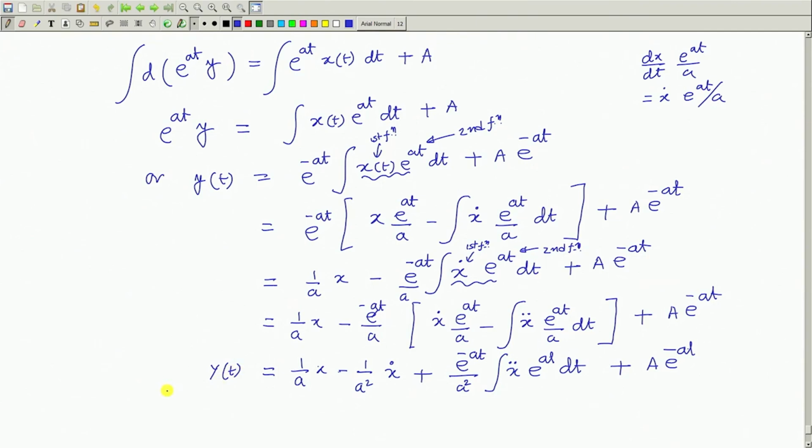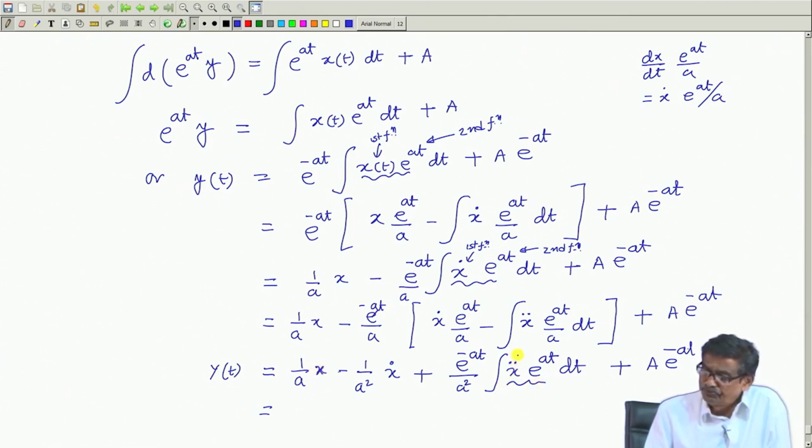Now, once again I have got the solution, but this integration once again appears with x double dot. I will do it once more, and this time I will do it very quickly. This is once again the first function, second function, and I expand that.